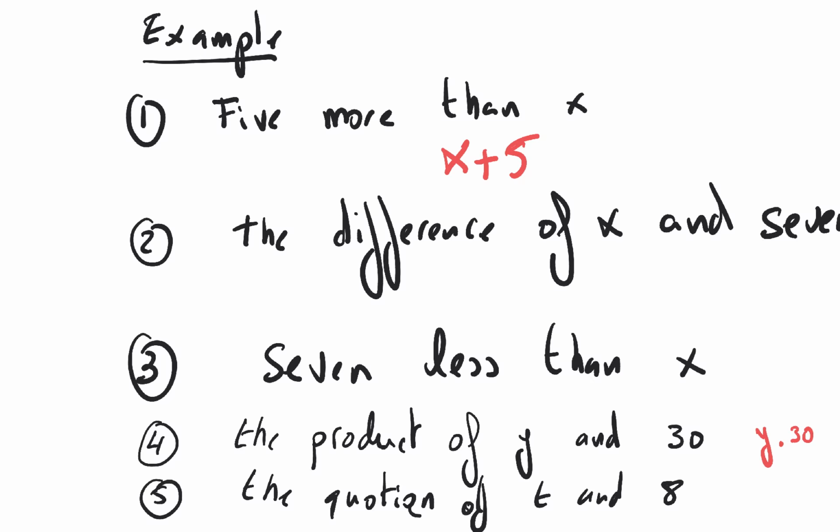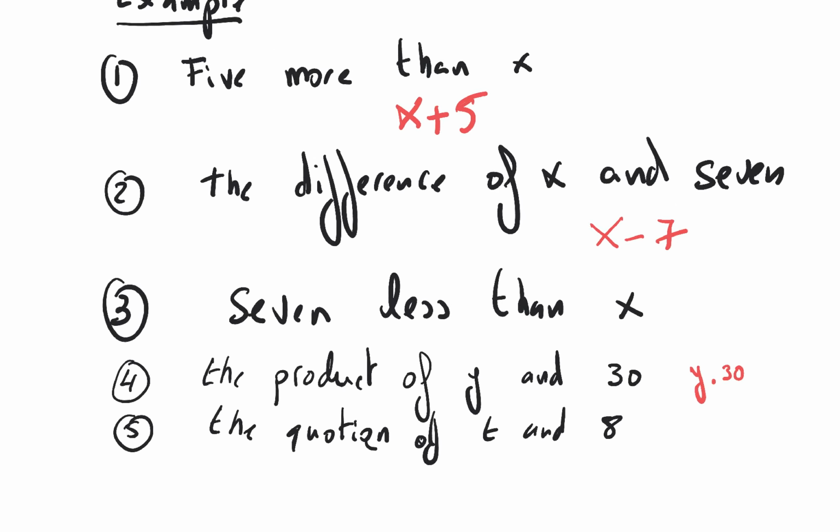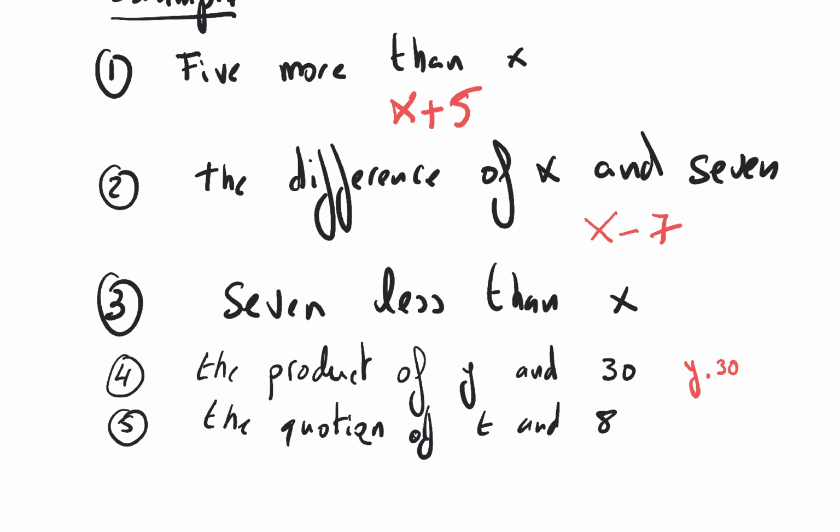The second one, the difference between x and 7. So you take the x and you make the difference between x and the number 7. So it will be x minus 7. If they say the difference between 7 and x, you will have to write 7 minus x.